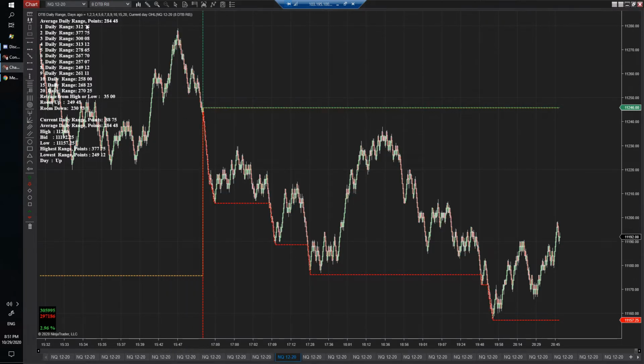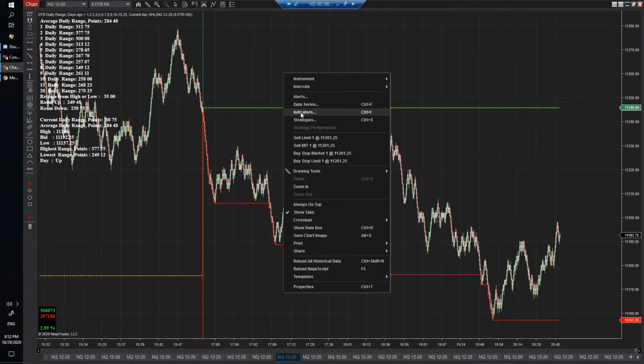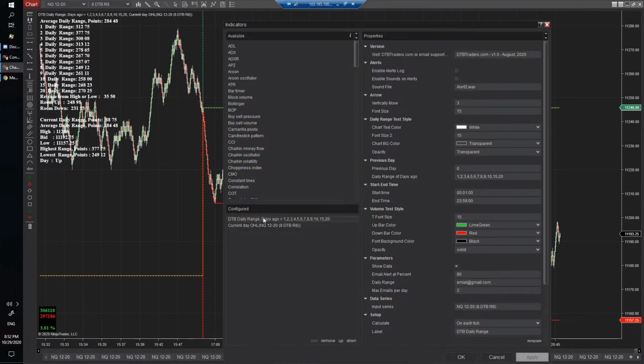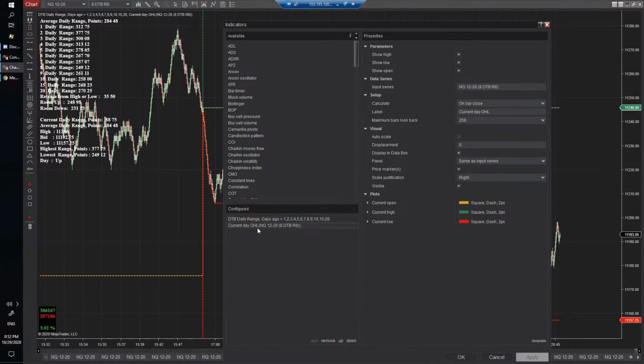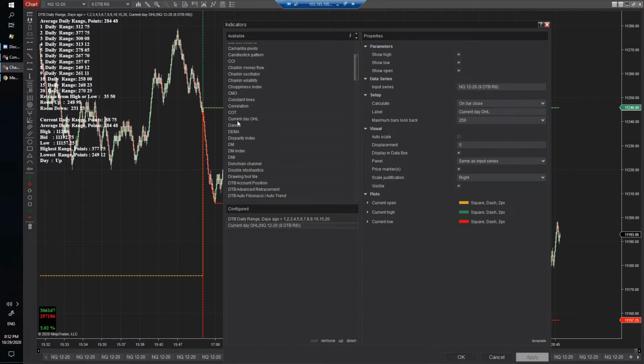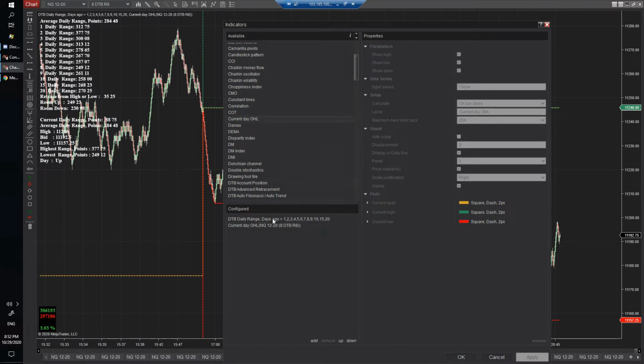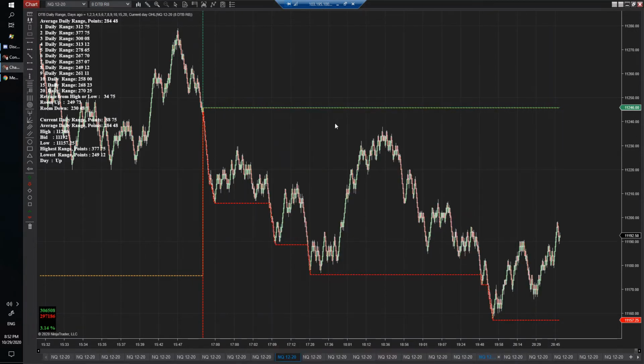And this is going to show you really important information about price and how it has moved during that day. The only addition to the daily range indicator is the current day open, high and low. So that's just a standard indicator that comes with NinjaTrader that you can load with the daily range, and that's going to just show you the open, high and low of the day.